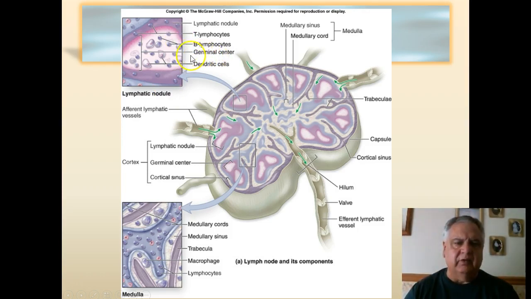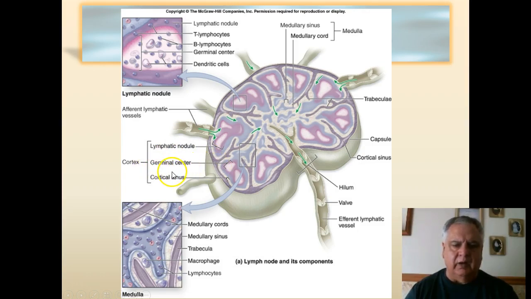So we're going to see actively dividing B cells here. And then coming and going in the lymph node and being transferred between the lymph, the blood, and the other lymphatic organs, we're going to see these T cells. So the T cells are out here around the periphery of the nodule, while the B cells are located in the germinal center.